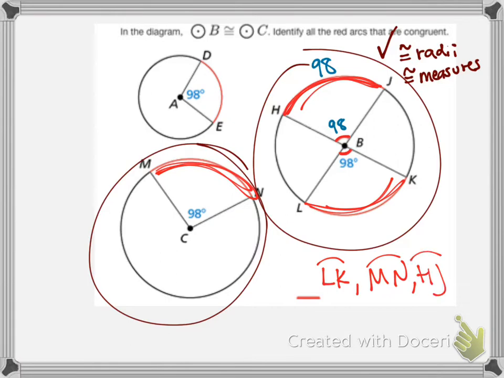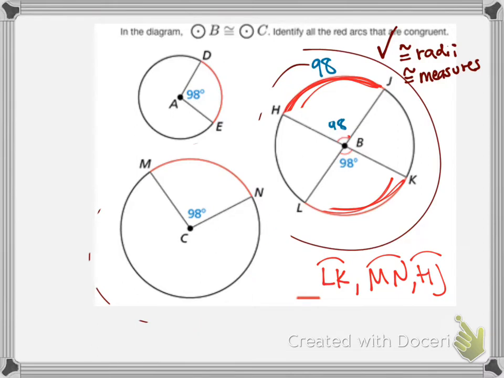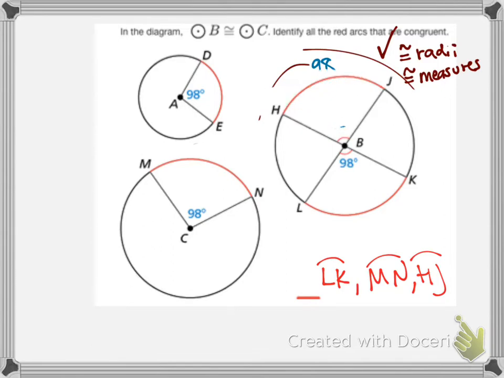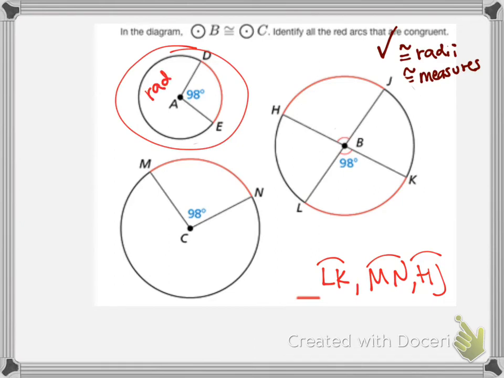But then we started looking at the other circle. Something to think about: to be congruent, they have to be the same length and measure. So I don't know what the radius is here, right? Even though this arc has the same measure of 98 degrees, I don't know the radius.